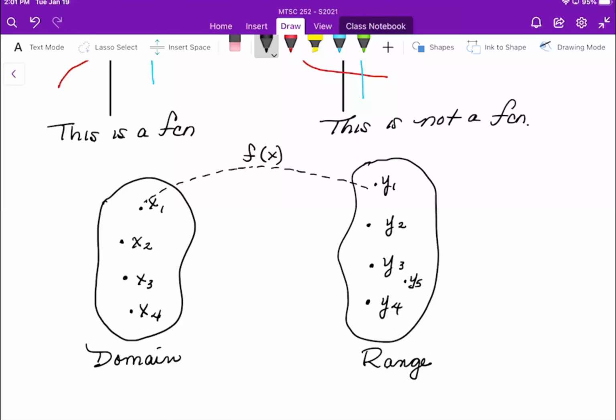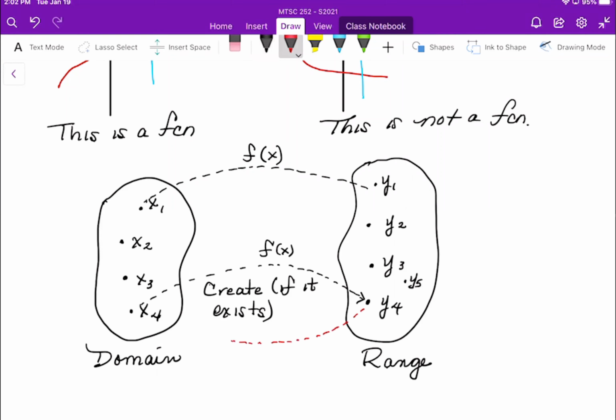And then what we want to do is create, if it exists, the function that takes y4 and goes back to x4, where f takes x4 to y4.